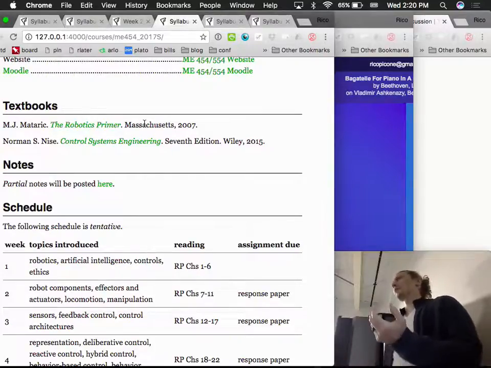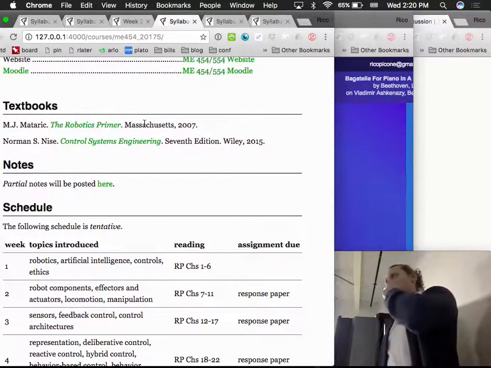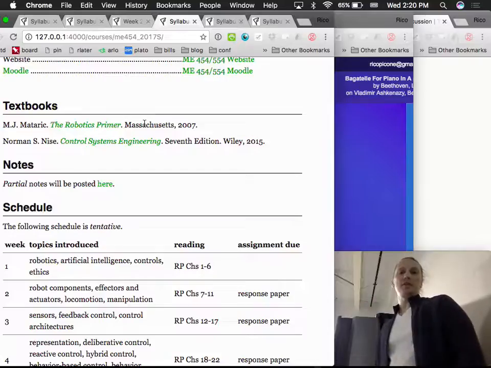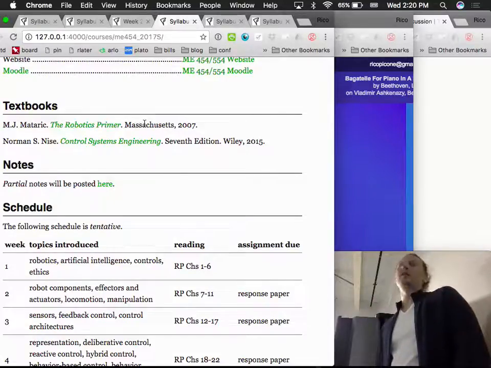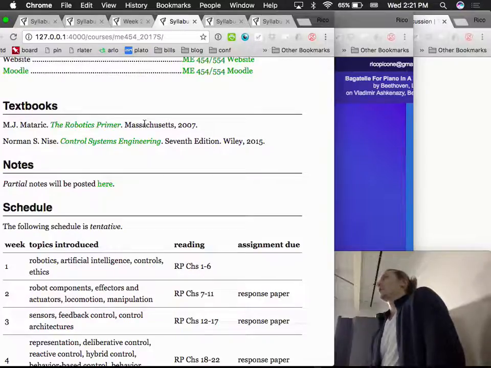It's a really cheap book anyway. I think it's like 30 to $40 to buy a new hard copy, so feel free to get it if you want, but there's a PDF. It's pretty easy reading. I don't remember how many pages it is, but I assign a lot of reading each week, but it's not difficult reading.